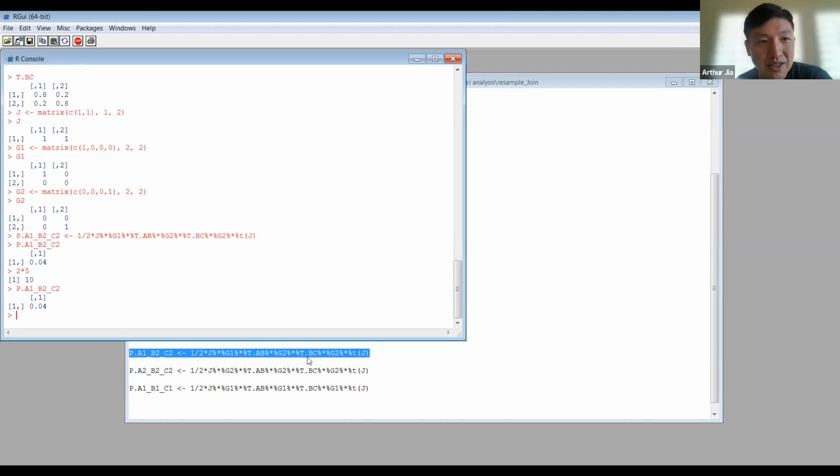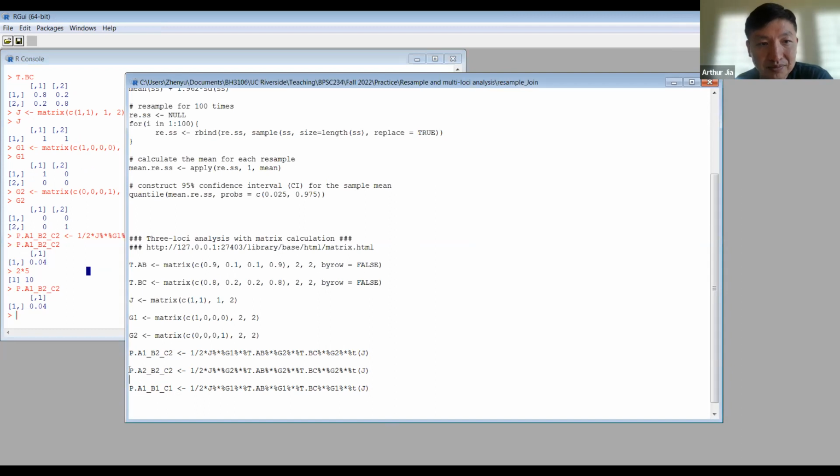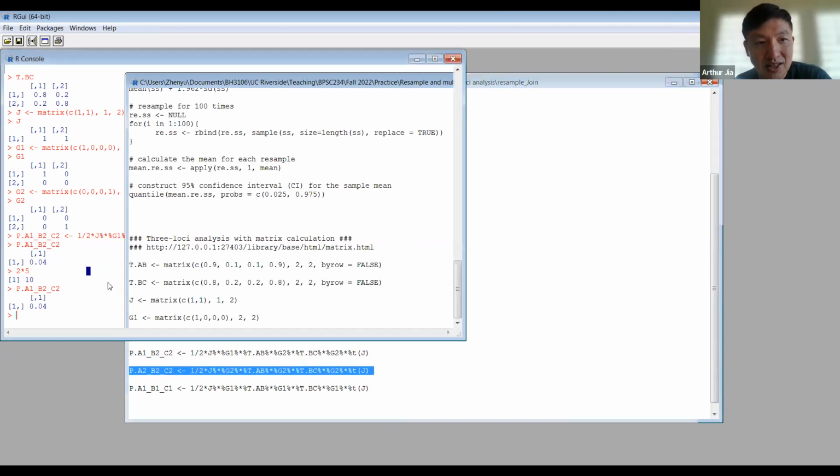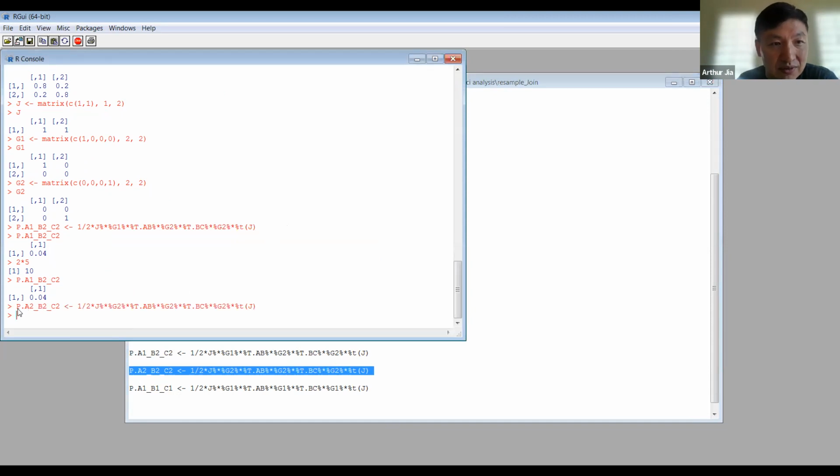I gave you 3 examples here. This one is very easy to understand, right? This one gives you the probability of showing genotype 2 at locus A, 2 again for B, and 2 again for C. So there's no crossover. So this will give you a much better probability. Do you agree? There's no crossover.